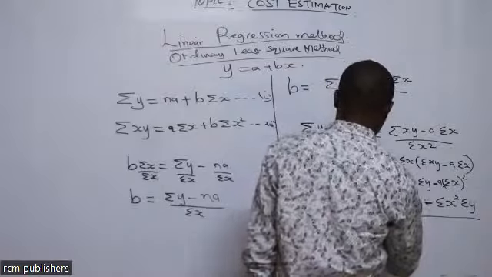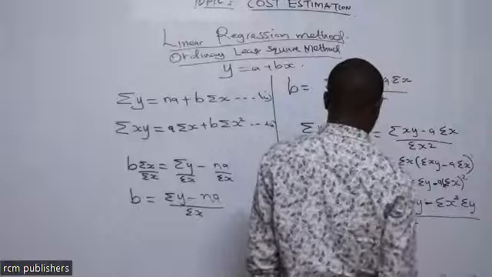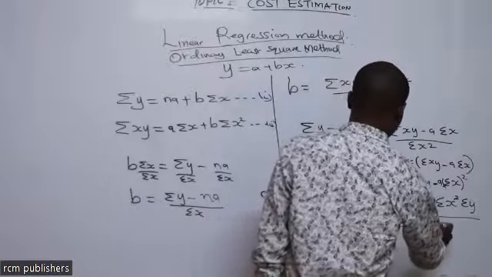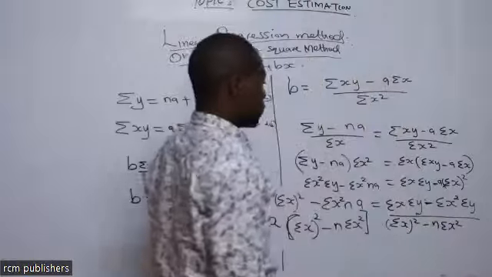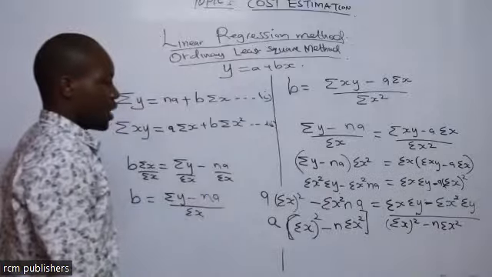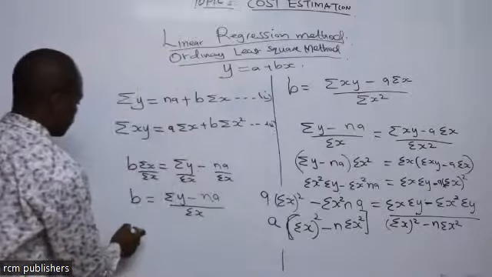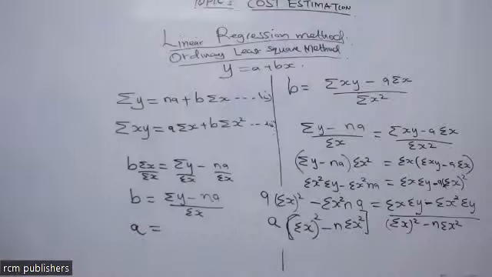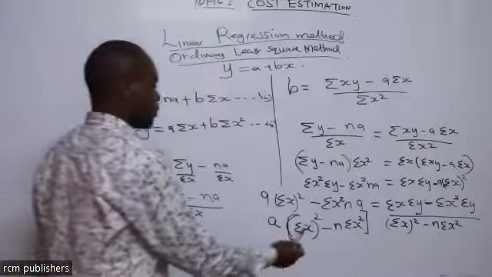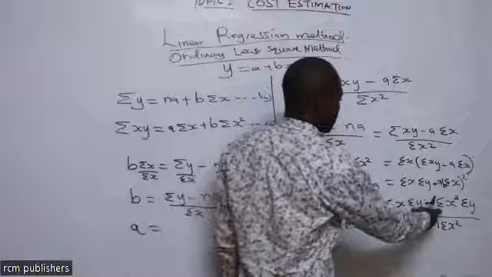So summation of x squared minus n summation of x squared. So that is what we have there. What is the value of A? So we now have this taken away. We now look for the items that will cancel out.